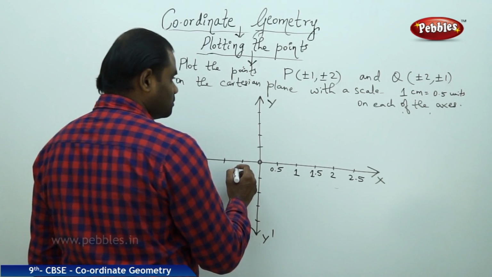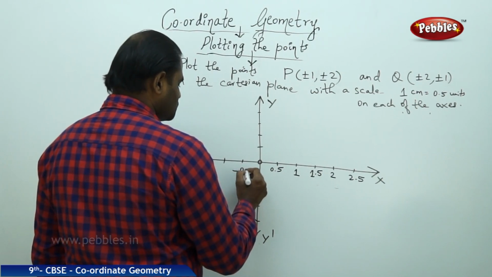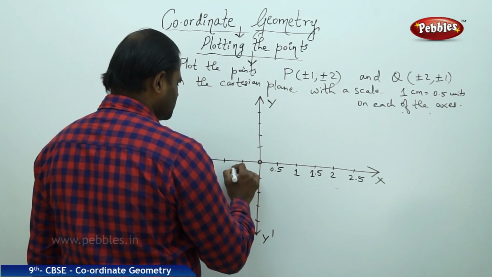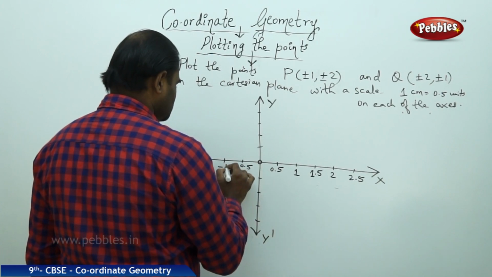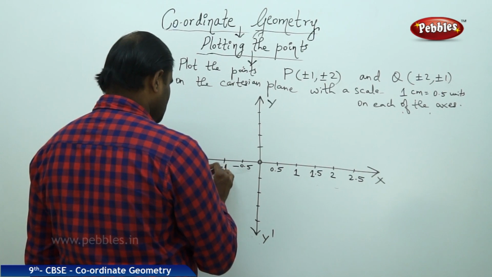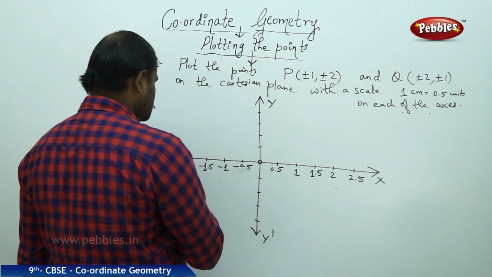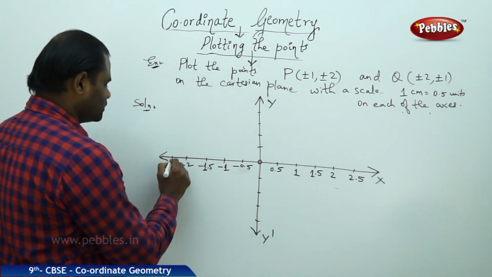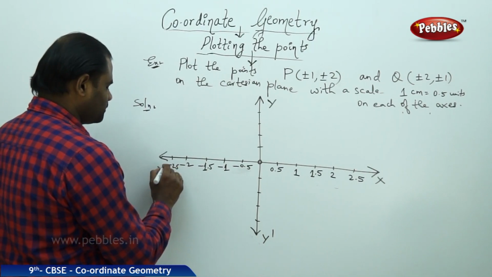Similarly, on the left, it moves minus 0.5, minus 1, minus 1.5, minus 2, and etc., with minus 2.5.